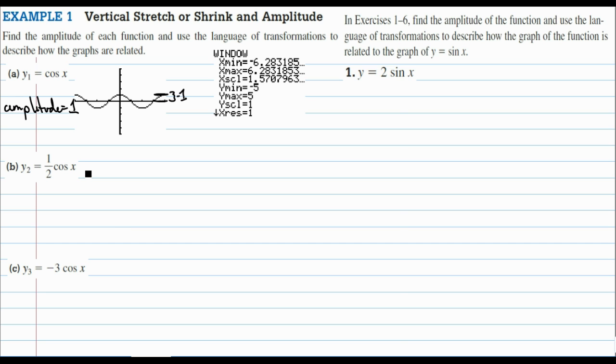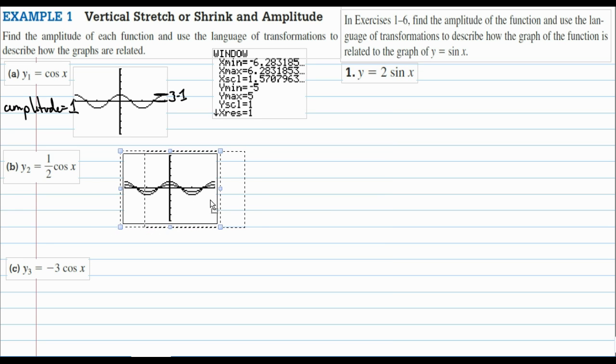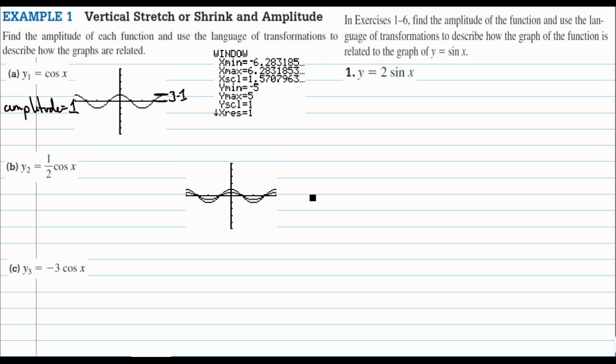Now, if we look at y2 and graph, let's leave cosine of x on, but we'll add 1/2 cosine x into that graph. We have, as you may have suspected, a vertical shrink by 1/2. I'm going to use that description, a vertical shrink by 1/2.